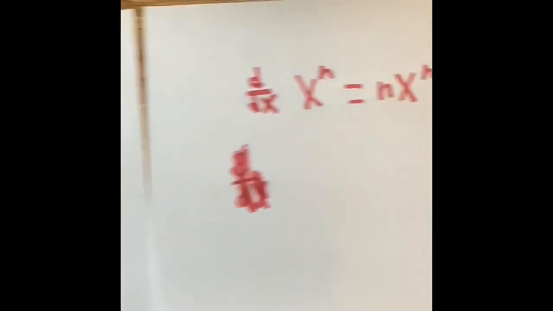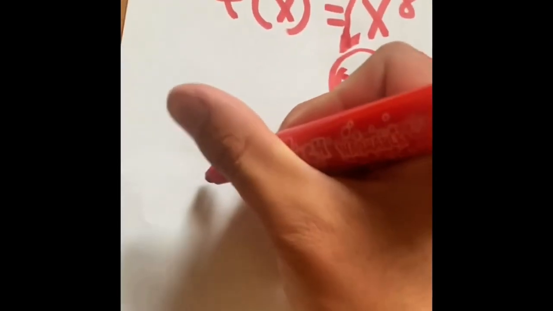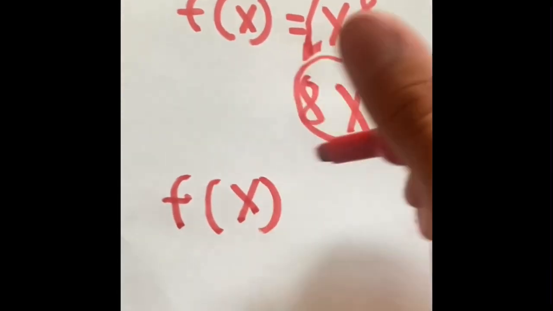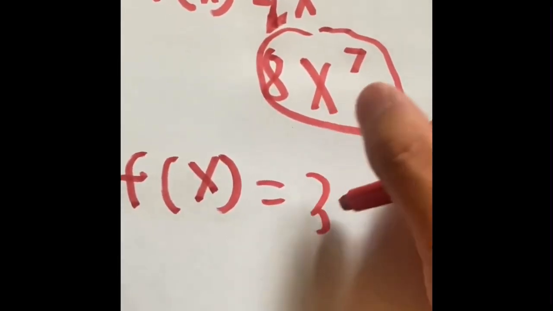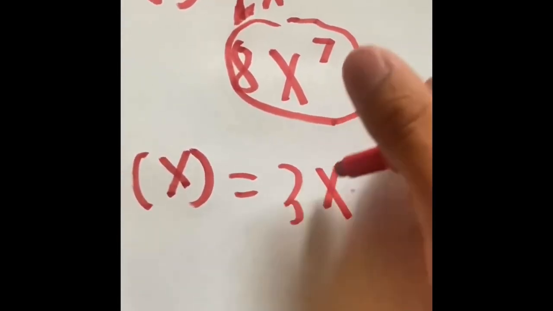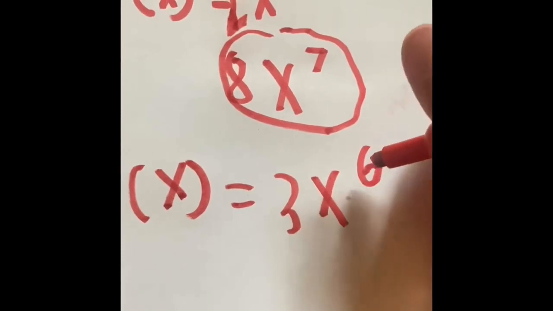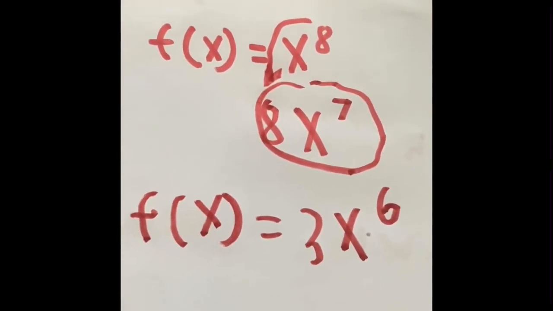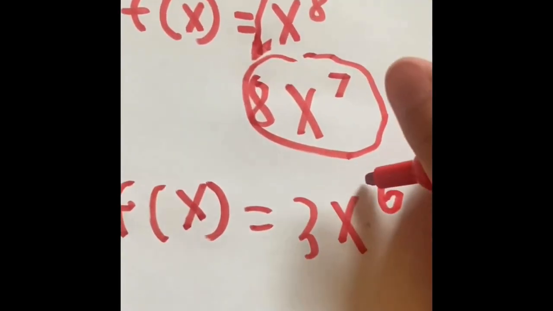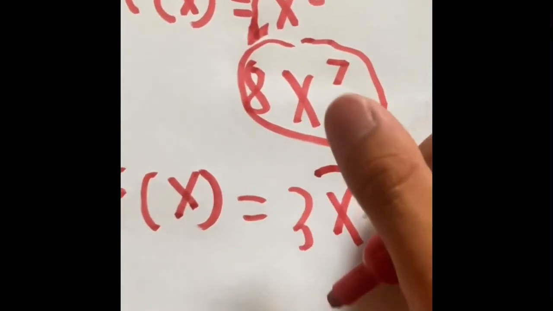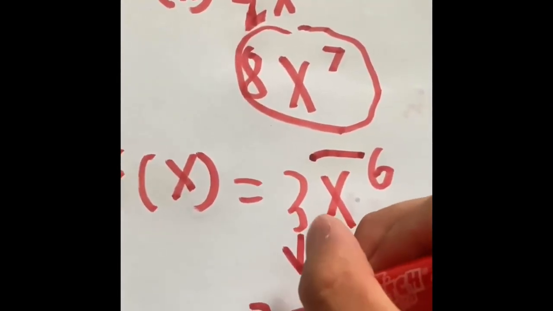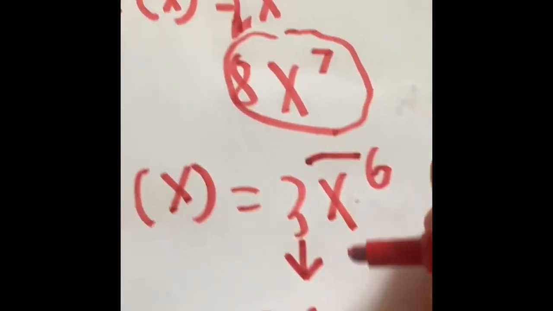Let's see another example. We have f of x equals 3x to the 6th power. We already have a coefficient there, but we can still downgrade the entire problem. We can move that 6 and that 3 down here, so we have 3 times 6 times x.